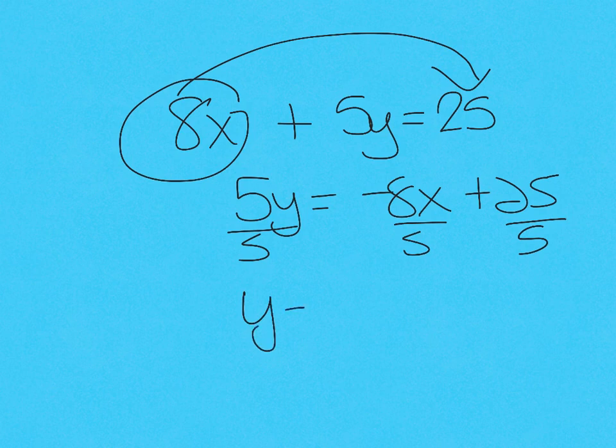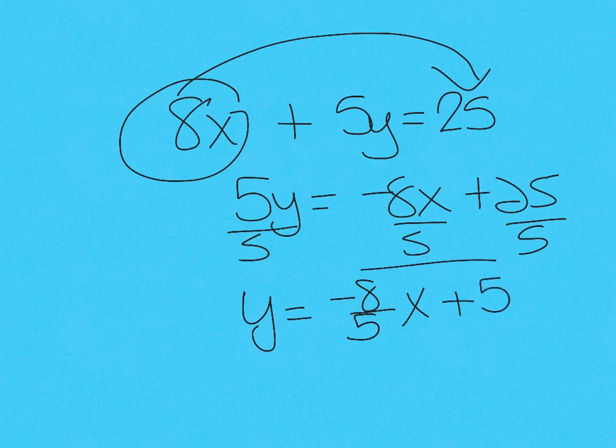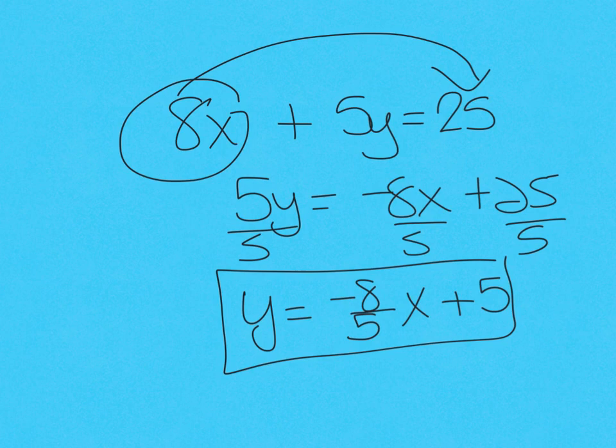So y equals negative 8 divided by 5. Since it won't divide evenly, just leave it as a fraction. And then 25 divided by 5 is positive 5. Okay, so move the x over and divide by the coefficient of y. Easy peasy.